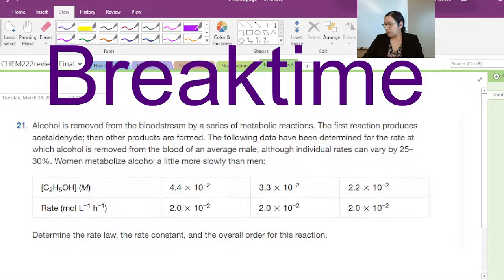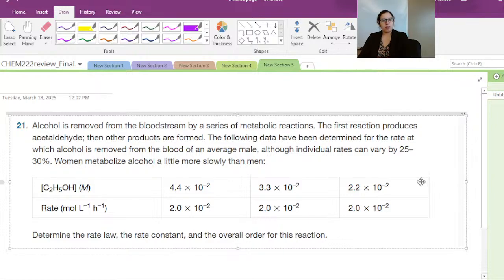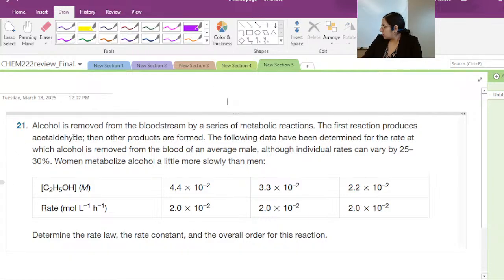All right, so let's continue. Let's just try this one. It goes through the metabolic process of how alcohol is metabolized and first produces acetaldehyde. And so then here are the rates. So you have initial molarity rates.